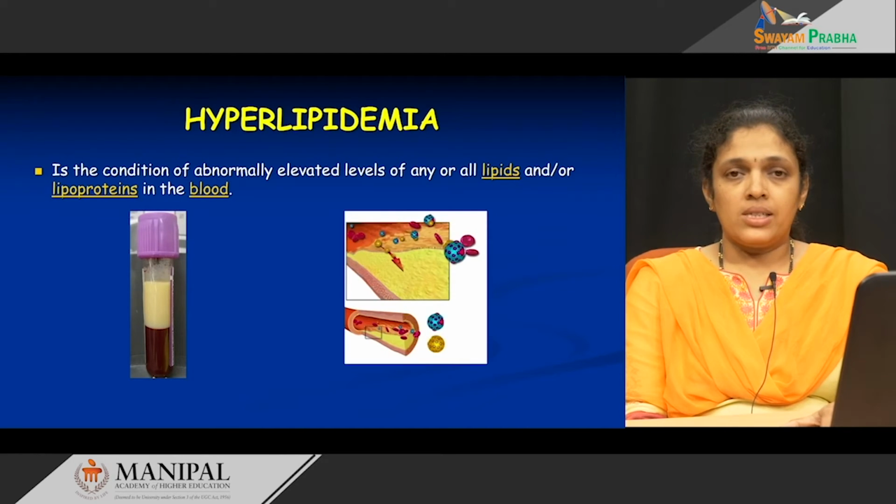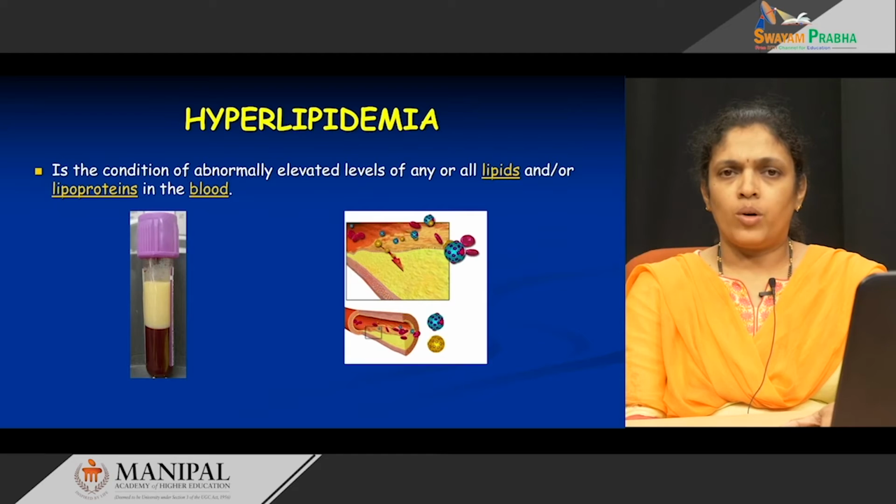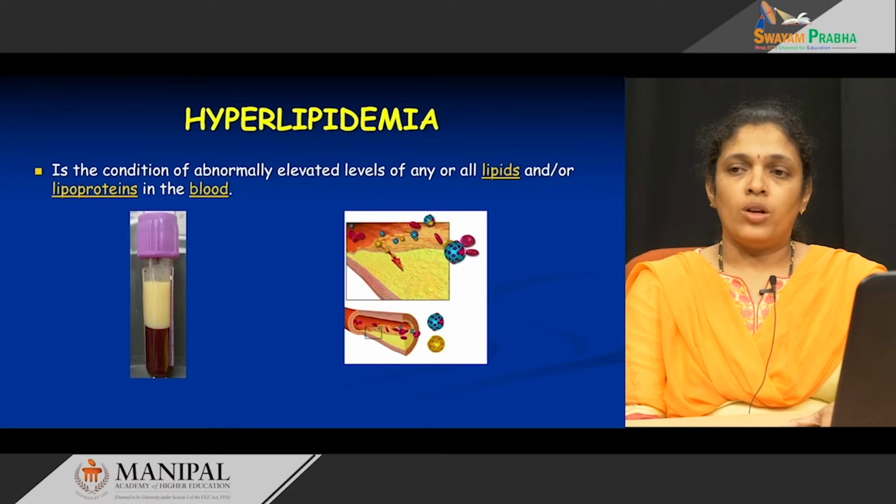The problem with this excess is that when it crosses a certain limit, the lipids are deposited in the arterial walls. In the picture, you can see the lipoprotein molecules attaching to the innermost layer of the arteries, hampering the flow of blood to the tissues the blood vessels supply. That is the consequence of hyperlipidemia.